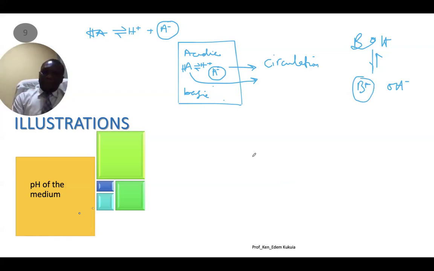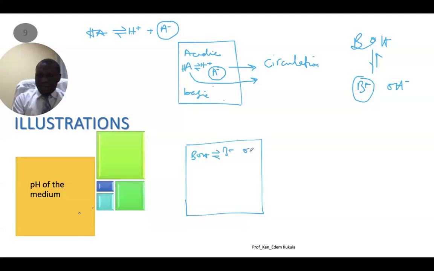Now, if such a basic drug is in an acidic medium, the equilibrium would favor the charged form of the drug, the B plus. So we have more of the B plus, meaning that since it is charged, it will be difficult for it to cross the membrane.